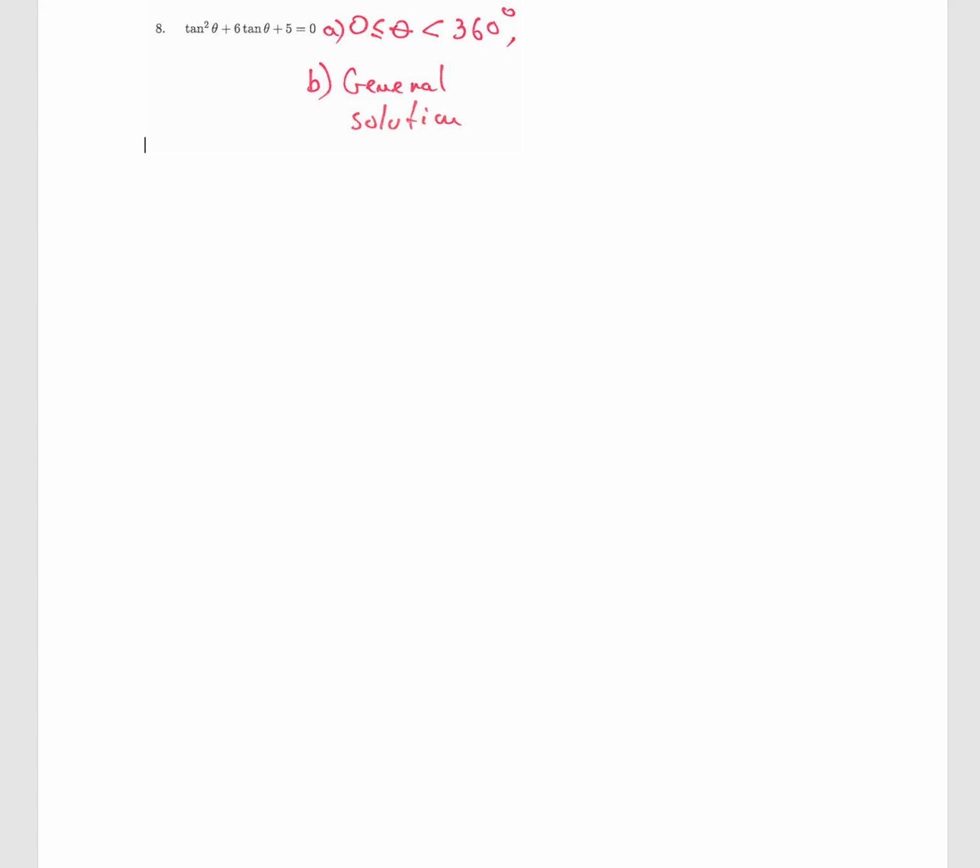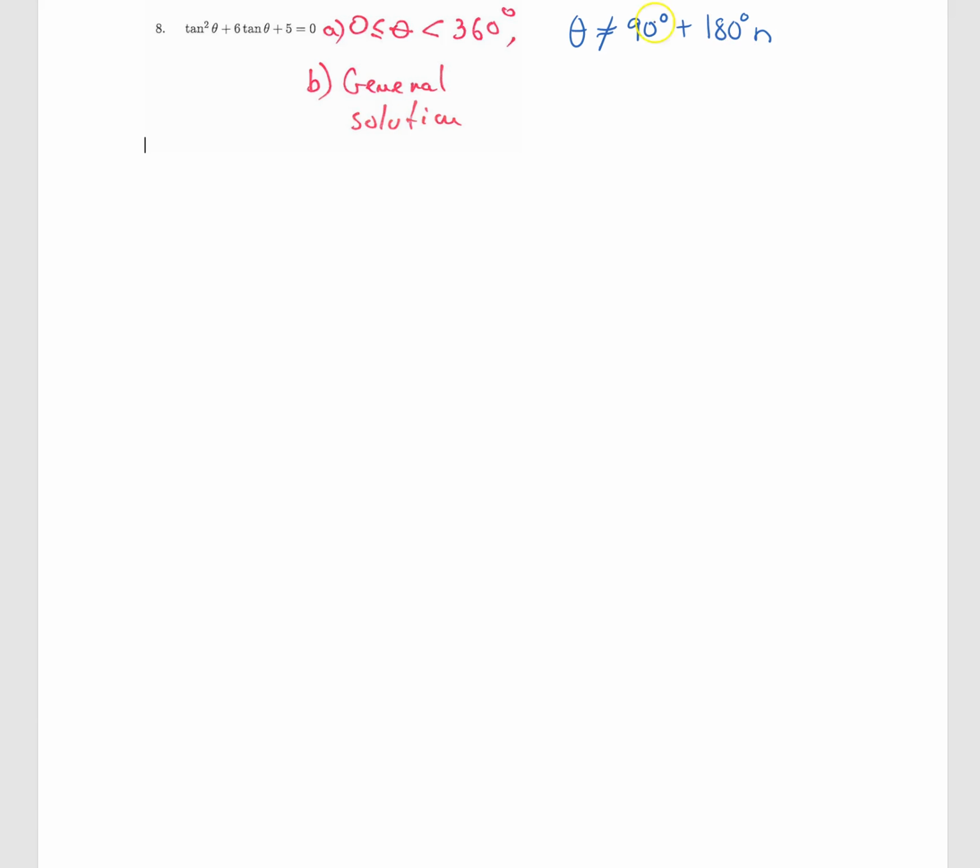In this case, we have the restrictions that theta cannot be equal to 90 degrees plus 180 degrees times n, where n is an integer. That's because at these points, 90 degrees and every 180 degrees plus or minus from that, tan of that angle is undefined because you end up getting something over 0, if we remember that tan theta is y over x.